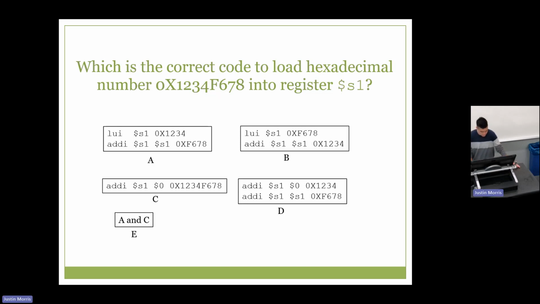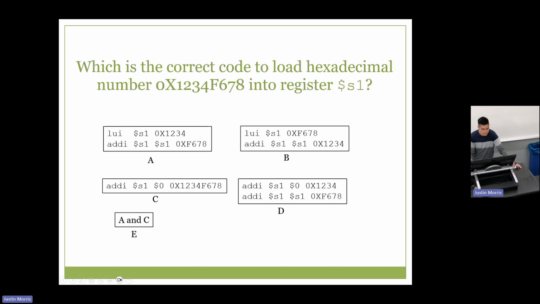That's some movement, but not a whole lot. So let's go over this together. Okay, so let's start with A. Load upper immediate is going to take the register S1, put this 16 bits number in the top 16 bits and zeros in the bottom 16 bits. So we have the top 16 bits covered. Then we have add immediate.